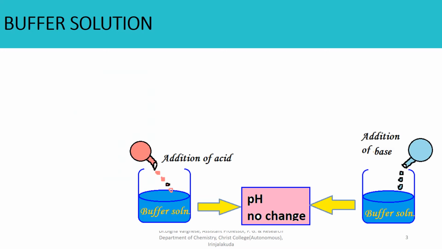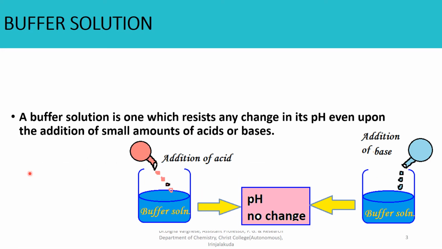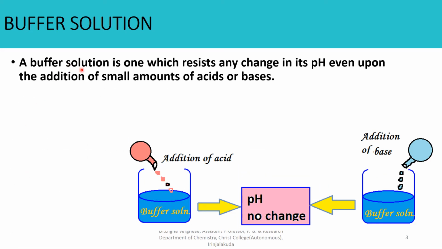We can define buffer solution in another way. A buffer solution is one which resists any change in its pH even upon the addition of small amounts of acids or bases. You can see in the picture there is addition of a base to the buffer solution.